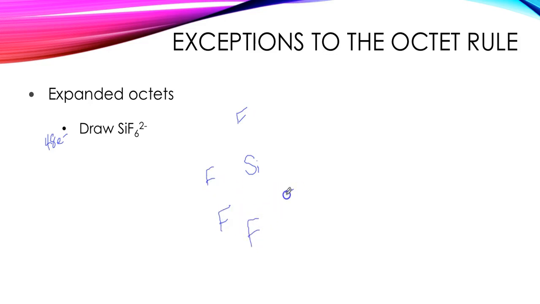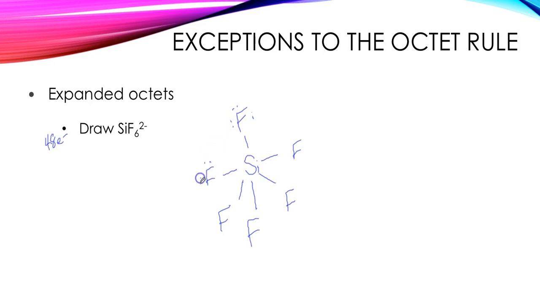But you can see as soon as I write down 6 fluorines, there's no way that I can have a bond between the silicon and each fluorine and not have more than 8 electrons around my central atom. It's simply not possible. And so as soon as I put those single bonds in, I already have an expanded octet around my silicon. And then 3 lone pairs around each fluorine.